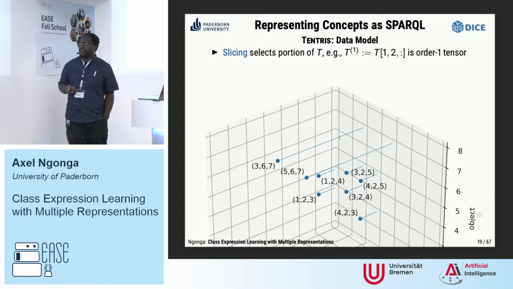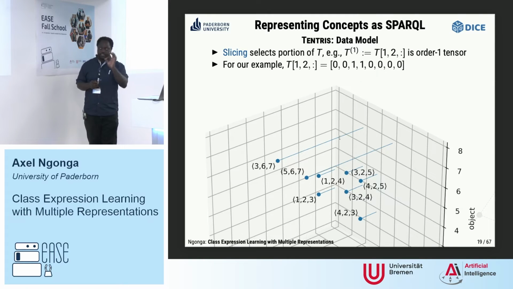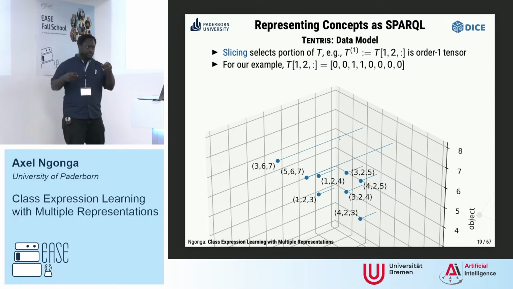So basically, I'm defining a vector here. So in our example, T of 1, 2, colon will be 0, 0, 1, 1, 0, 0, 0, 0. Because those are basically the values that you find for 1, 2, 3, up to 8 within the tensor.